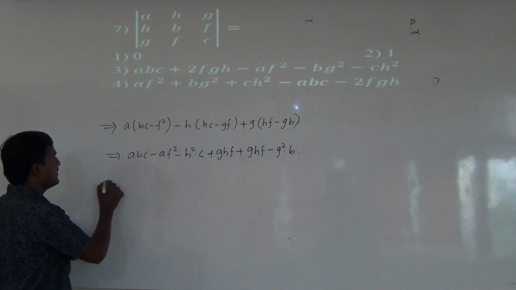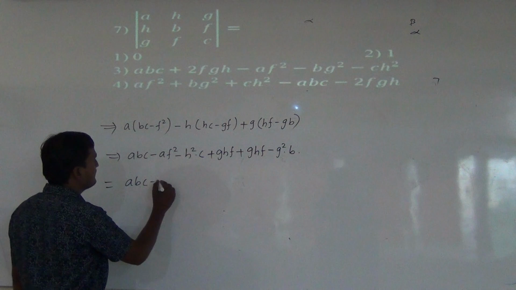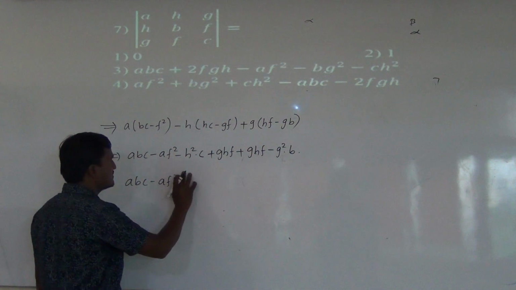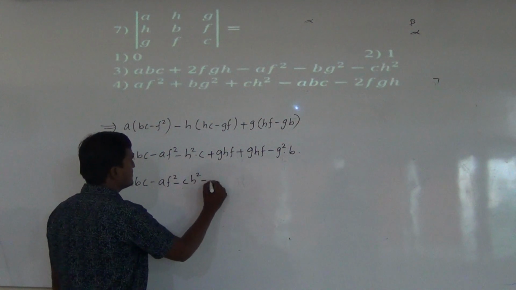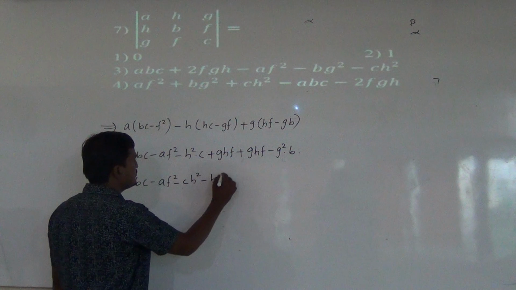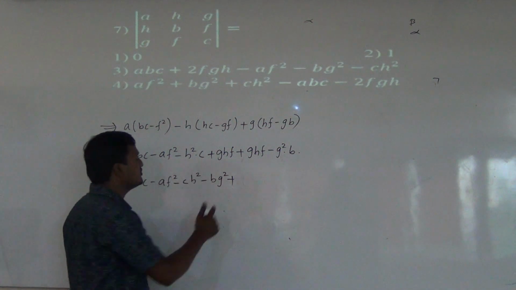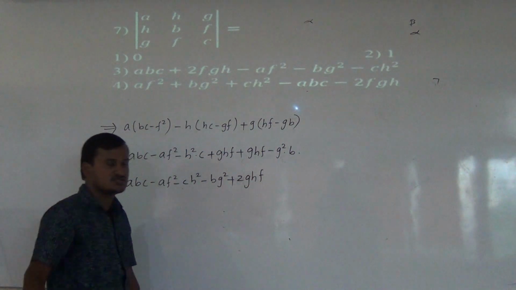So what is the answer? Clearly it is ABC minus AF square minus CH square minus BG square, and the remaining terms are 2GHF. So this is the answer.